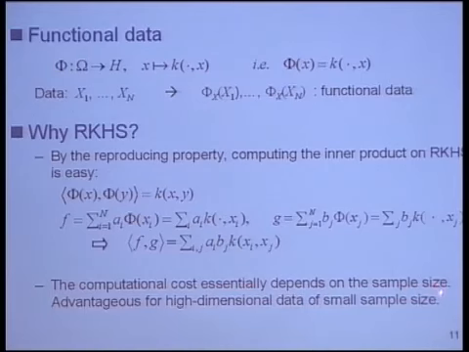So if you're doing non-parametrics, you're sort of prepared to pay a cost that depends on the sample size. It doesn't depend on the dimensionality of the space that the data live in. So that's the main advantageous aspect of these things for high-dimensional data when you have relatively small sample size. And the algorithms often turn out to be n cubed, so sample size can't grow too quickly. But if you're smarter, you can get these down to below n cubed with numerical tricks.